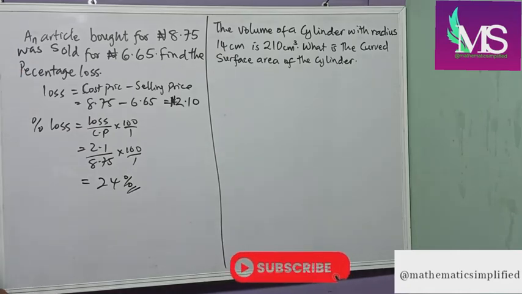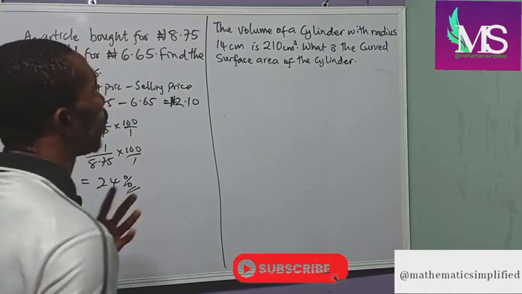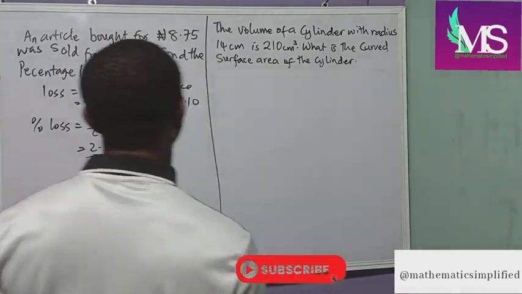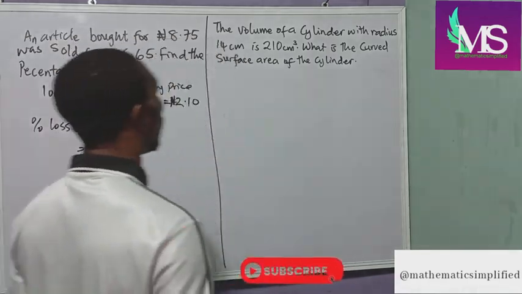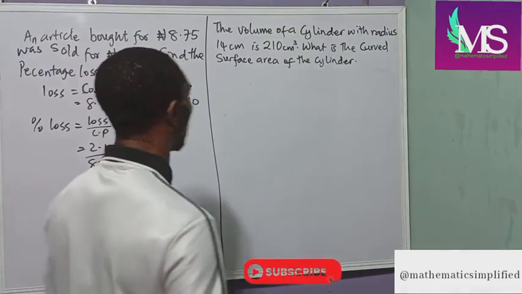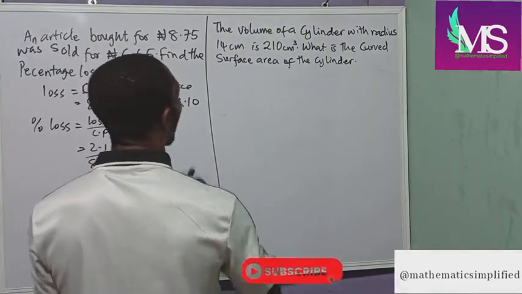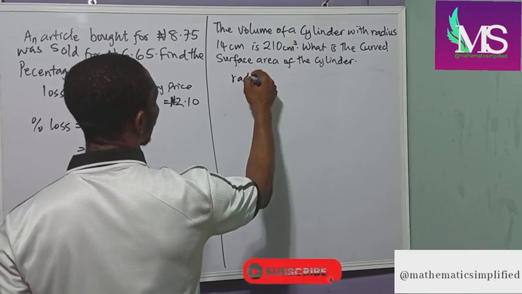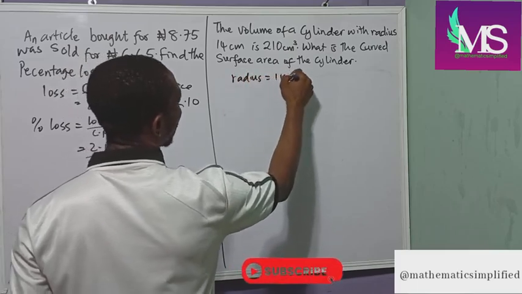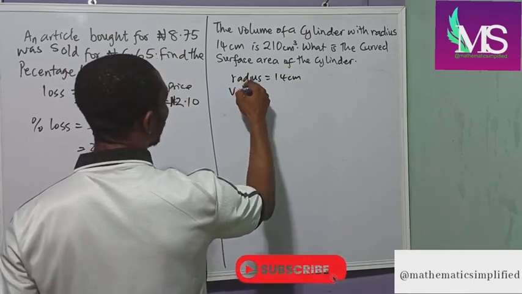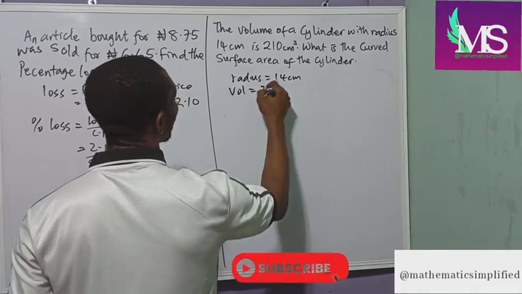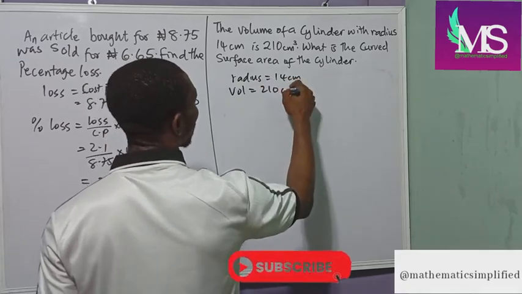Now, for our next question, it says the volume of a cylinder with radius 14 cm is 210 centimeter cube. Okay, that we should find the curved surface area of our cylinder. Now, from here, we're given our radius to be 14 cm and volume to be 210 cm cube.